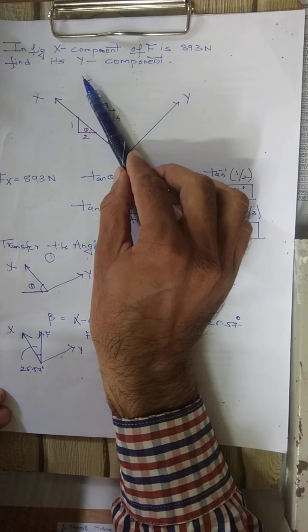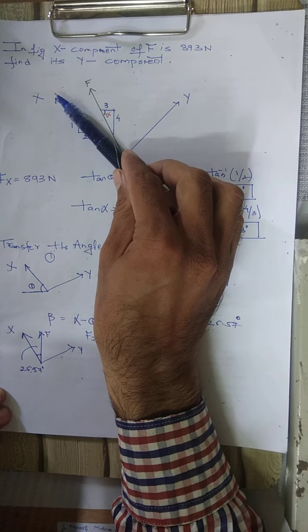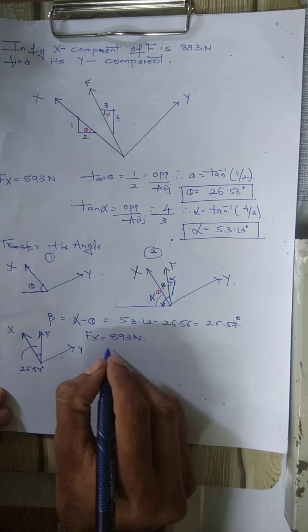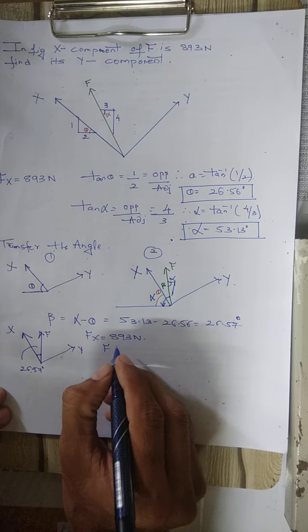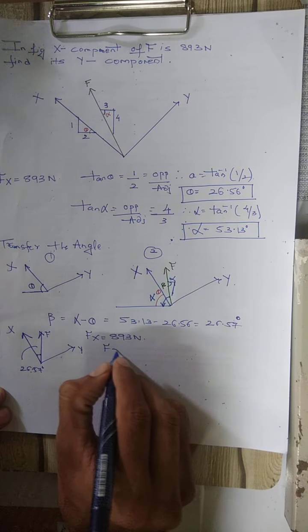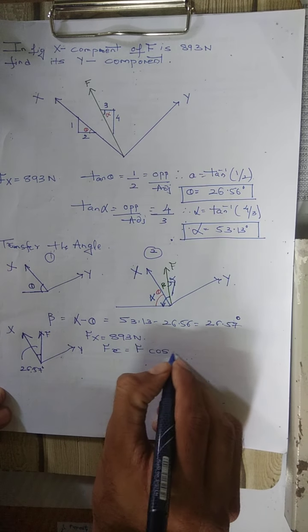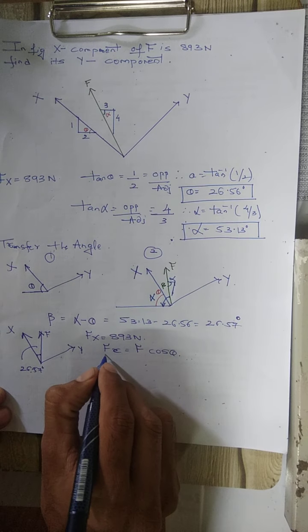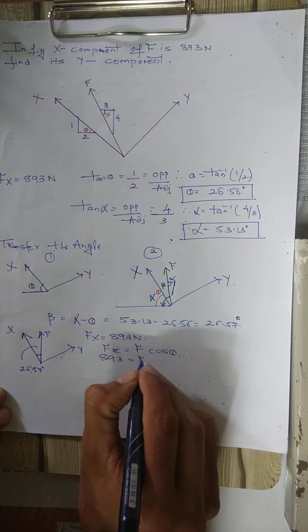So what will be the x component of this? If it is the angle made with the x-axis, then the x component will be cos theta. So Fx is equal to force F cos theta. Fx is given as 893, and the force is unknown.